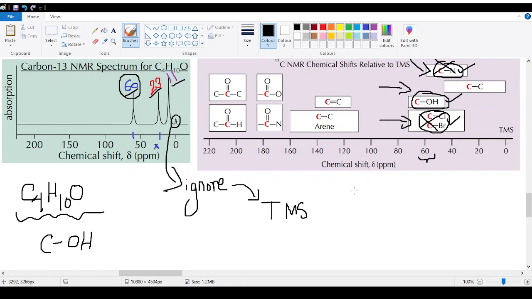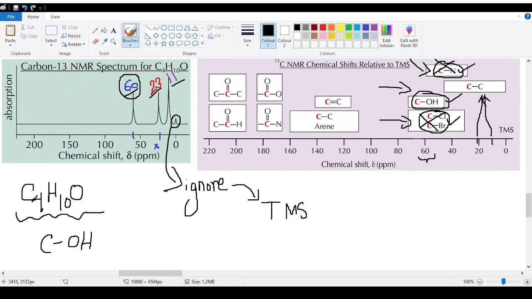Okay, and then we have two other peaks which are at 23 and 11, right? 23 is maybe here, somewhere around there, and 11 is here. They both correspond to this bond only, which is carbon-carbon single bond.